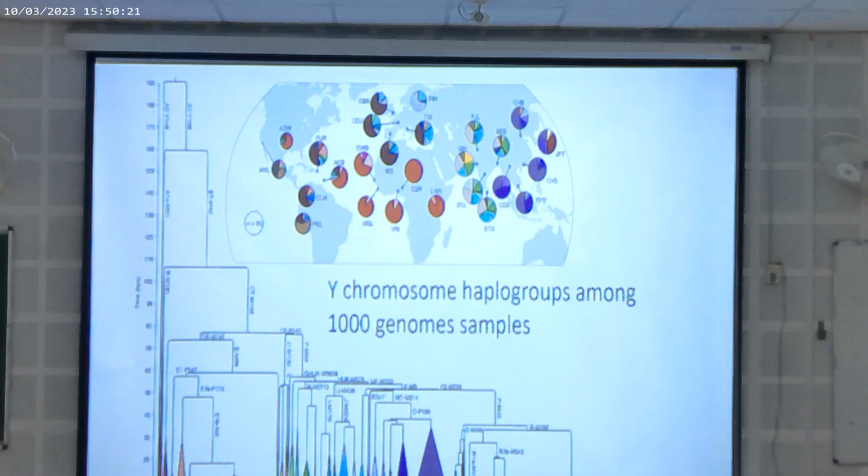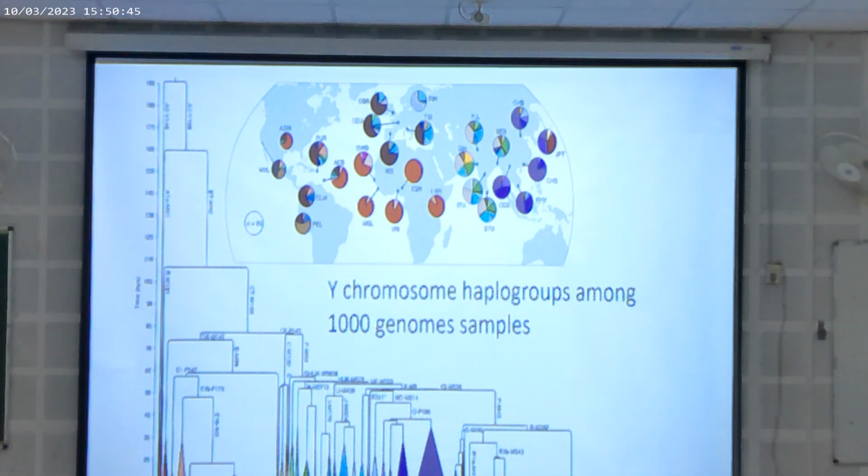And this tree showed exactly what was known before, that the deepest splits, or the lineages coming from the deepest splits, are in Africa, and the rest of Eurasia and Oceania is just a subclade.